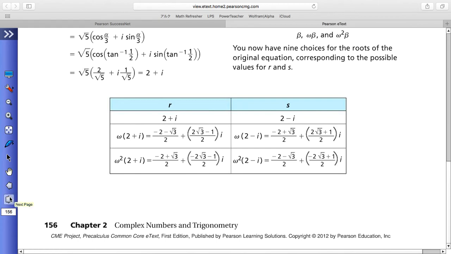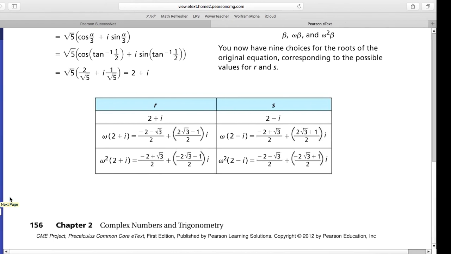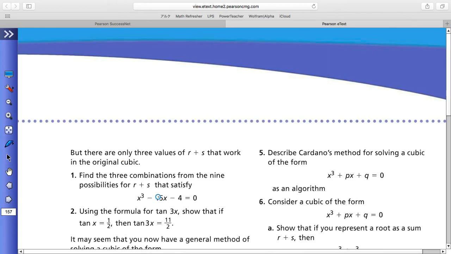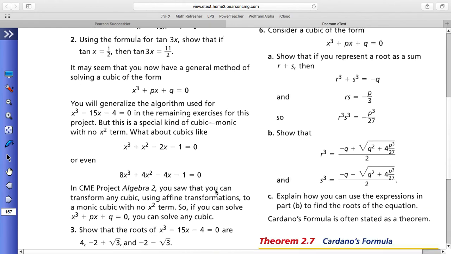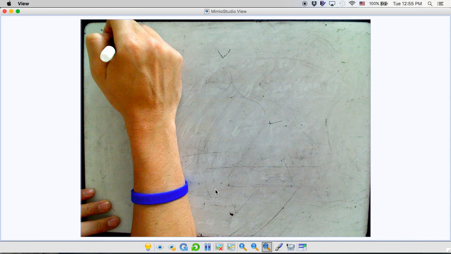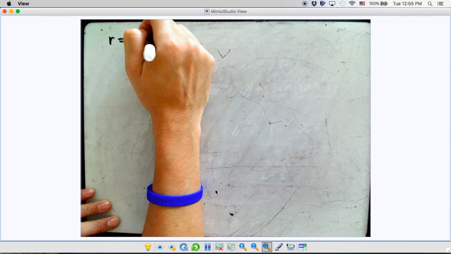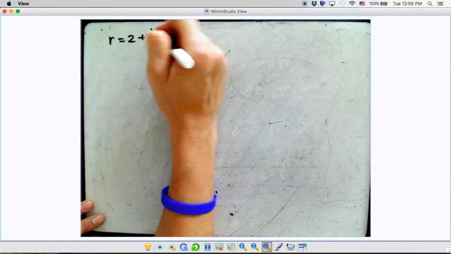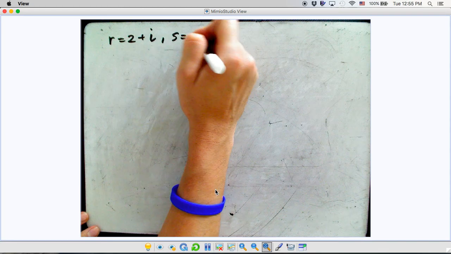Or it could be the number that satisfies the equation x cubed minus 15x minus 4. The last time we found that r equals 2 plus i and s equals 2 minus i.